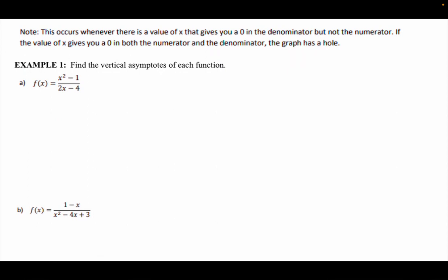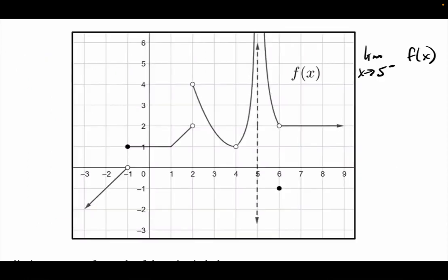If the value of x gives you a 0 in both the top and bottom, that represents a hole. That represents this guy here, or this guy here, or this guy, or this guy. That's why there's holes there, because there was a 0 on top and bottom.